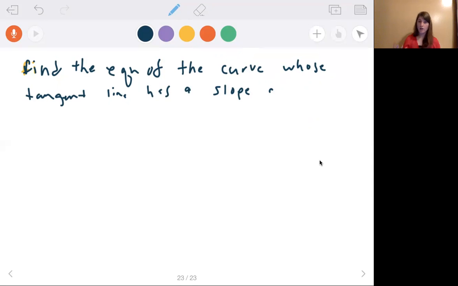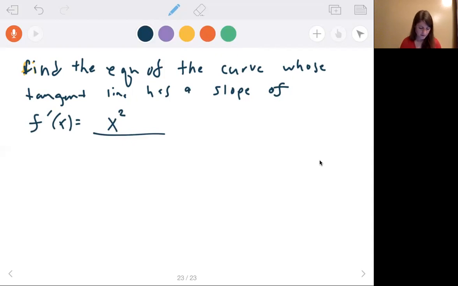They're going to give you a function right here. It might be something like 3x squared or something different. So let's say in this case, our slope f prime of x equals x squared.